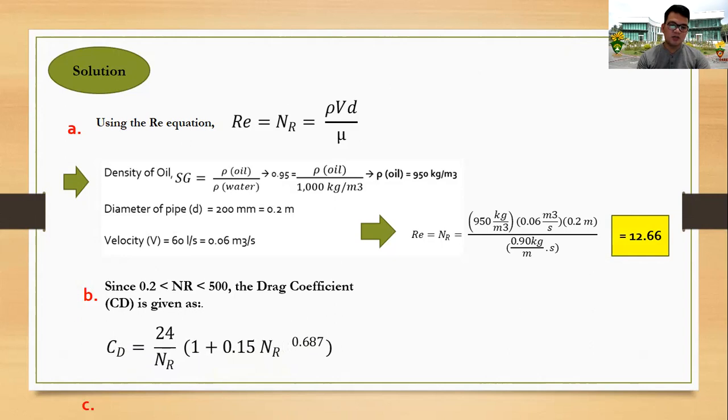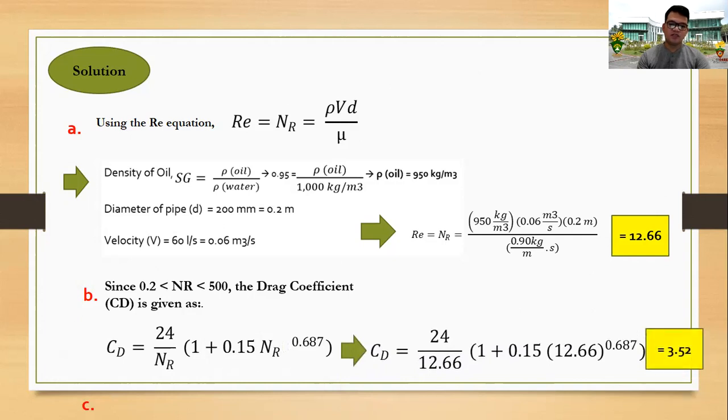It belongs to the range between 0.2 to 499. Okay? So using the formula specific for that range, we get CD, which is equal to 3.52, since we have the NR value of 12.66. We just substitute it there, and the value is 3.52.